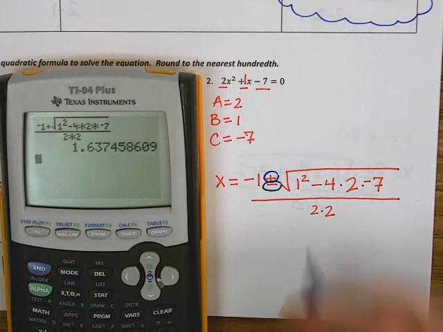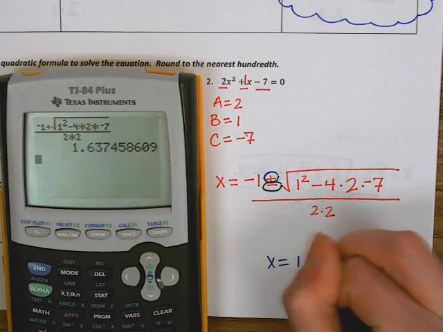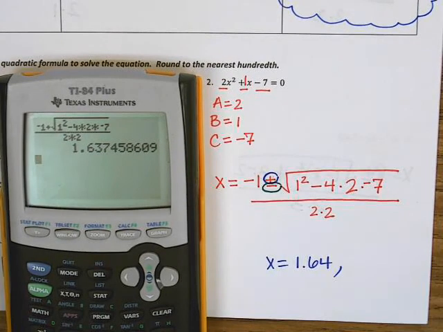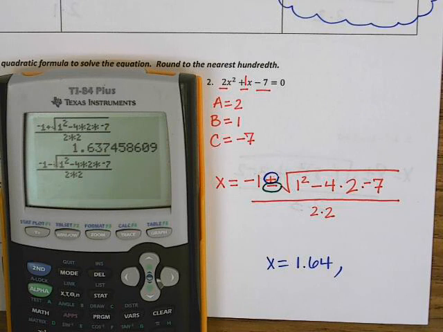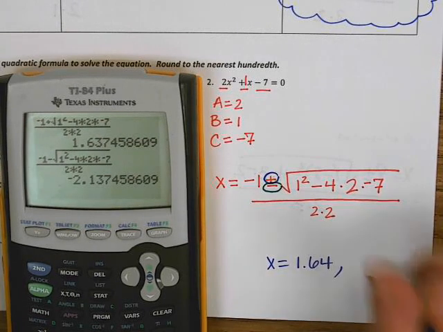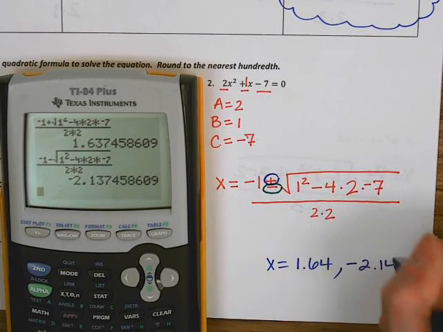So first answer is 1.64. And then we'll go up and edit, and we'll make the plus into a subtract. And the second answer is negative 2.14.